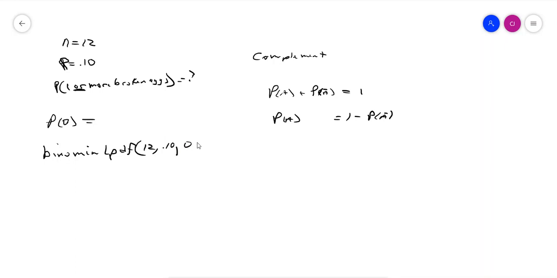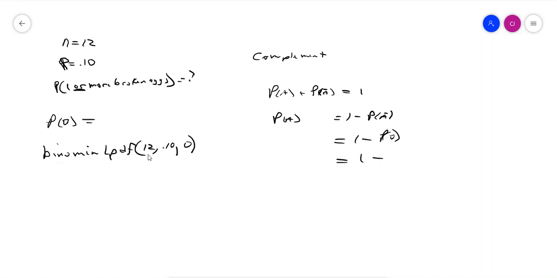And we want to know 0. What's the odds of 0 broken out of 12, given that each egg has a 10% chance of being broken? Because what we're trying to do is this over here. So this is going to be equal to 1 minus the probability of 0, which is equal to 1 minus.